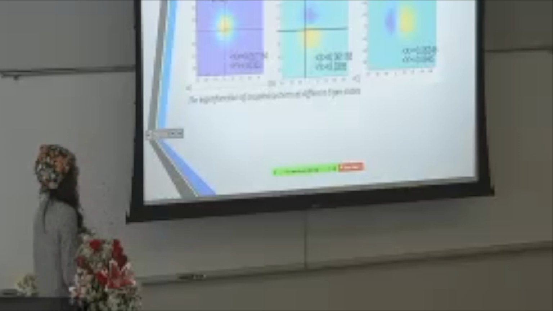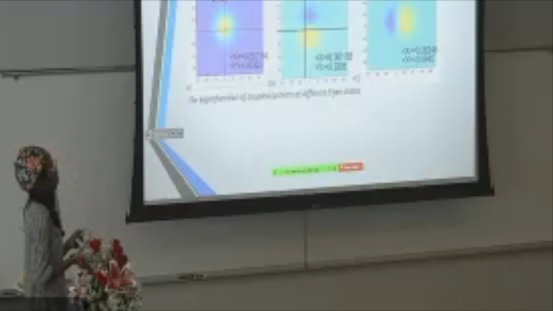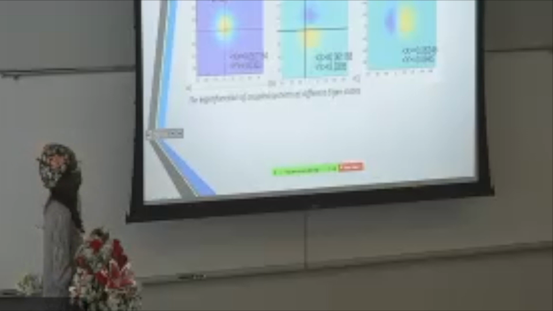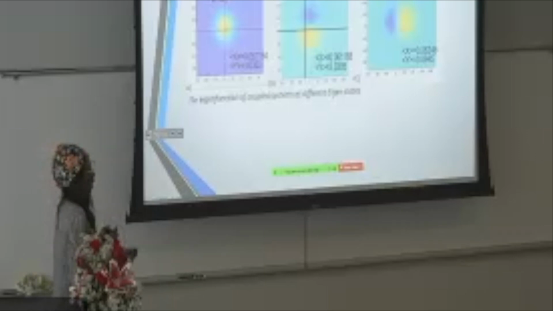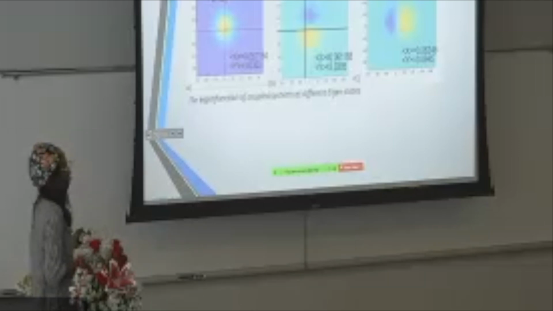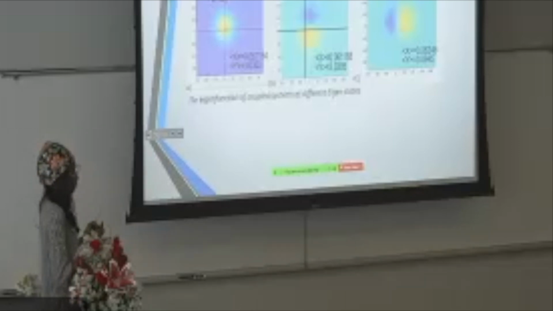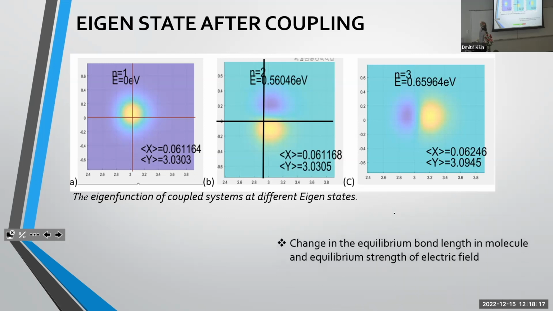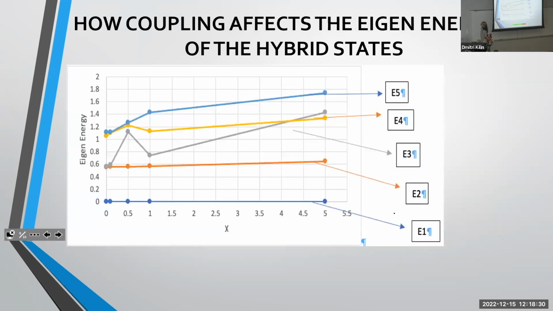And this shows one of the observables that we expected to see from coupling for our formation of polaritons, which involves the change of equilibrium positions of the system. This is put in the form of change in equilibrium bond length in the molecule and also change in the equilibrium strength of the electric fields.